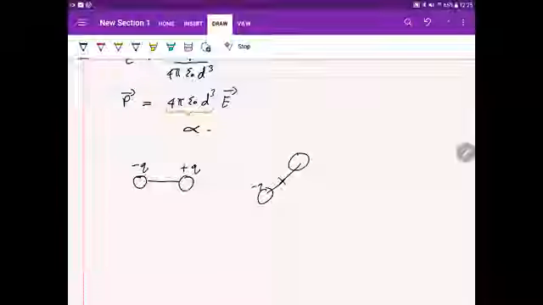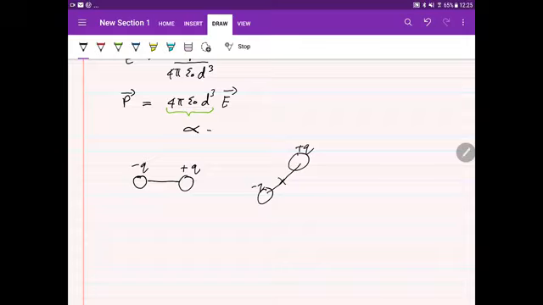In general, the dipole moments don't have to be aligned, but what we've seen is that there is a force generated by the electric field due to one atom that is going to try and rotate different molecules so that they align with one another.